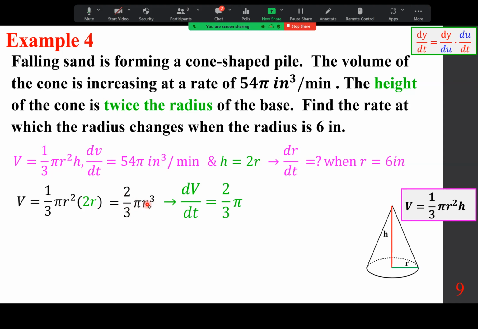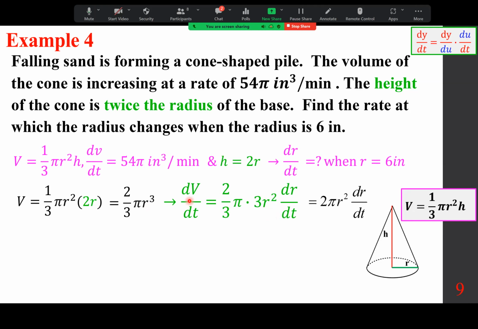Times, now r cubed gives us 3r squared dr dt. Number 3 cancels out this 3. We get 2 pi r squared dr dt.